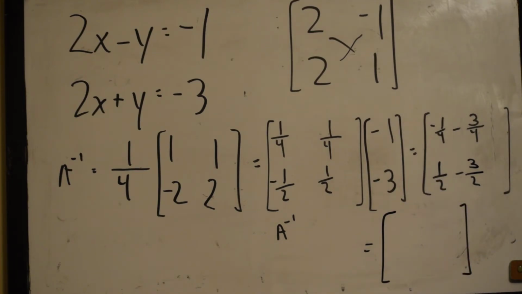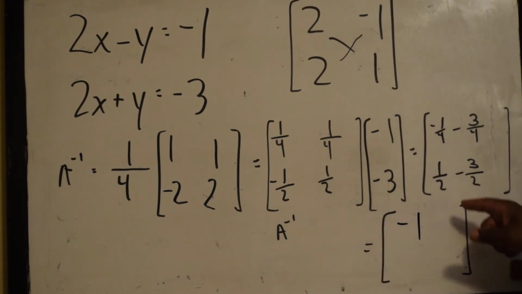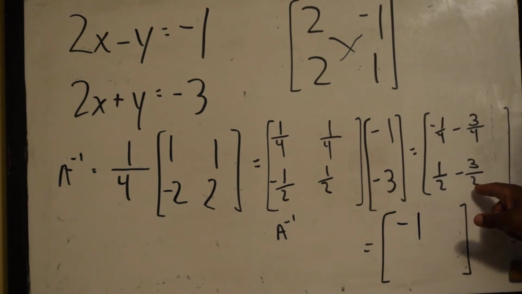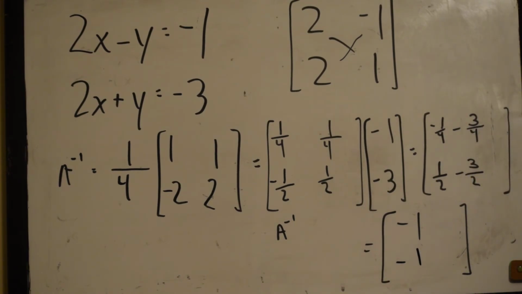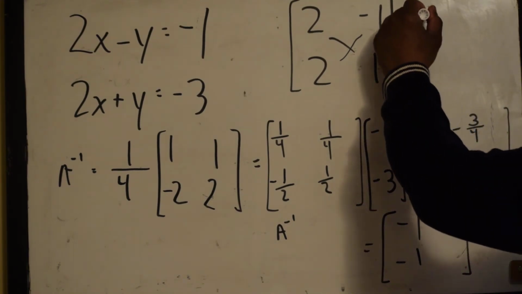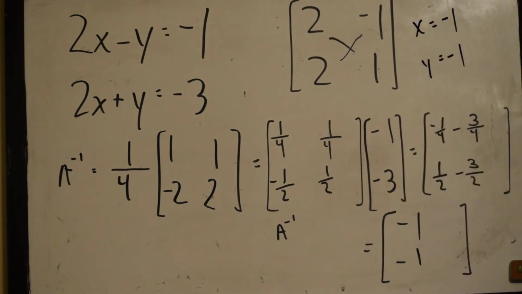And our final answer, -1/4 minus 3/4 is -4/4, which is -1. 1/2 minus 3/2 is -2/2, which is also -1. All right. So x is equal to -1 and y is also equal to -1.